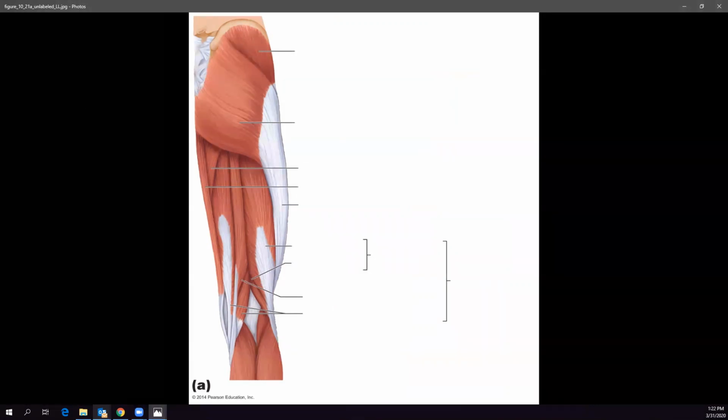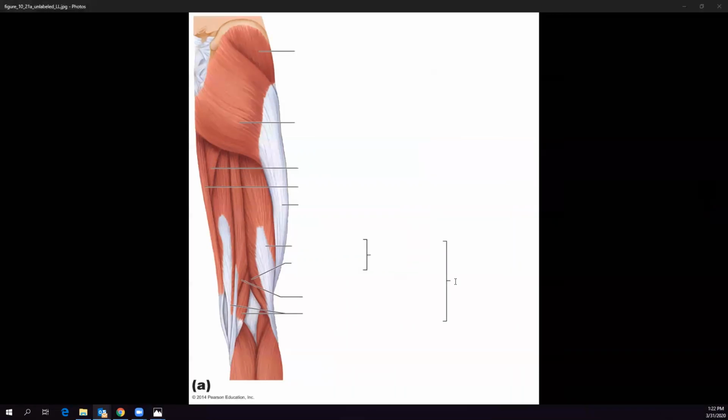And then we'll draw where the hamstrings are. Okay, so here on the back of your leg are your hamstrings. So you have 3 hamstring muscles. The first one is this one that we have on the lateral side of your leg. So this is medial. This is the inside part of your leg. This is the outside. So this is medial, and then this is lateral over here.